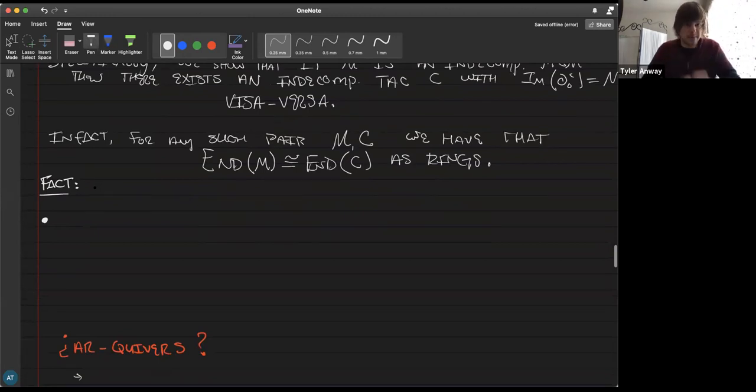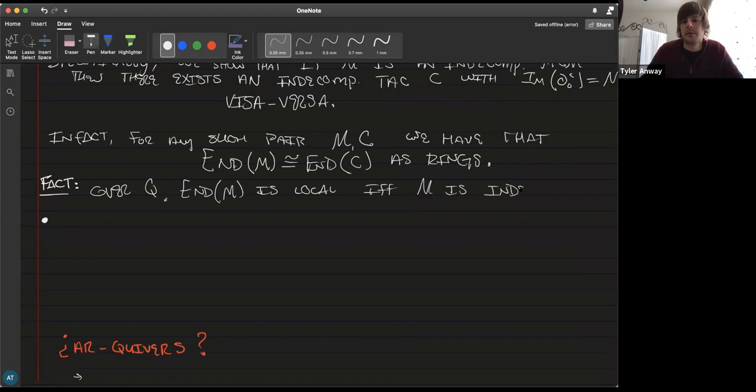Let me state one more fact. So over Q, under the assumptions that we have, the endomorphism ring of M is local if and only if M is indecomposable, right?